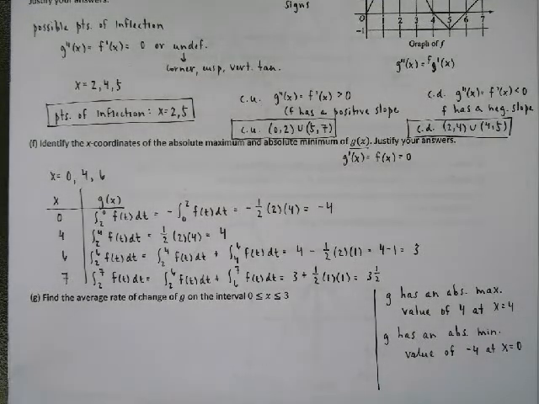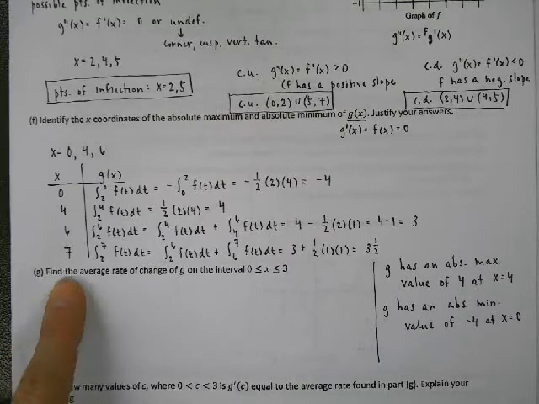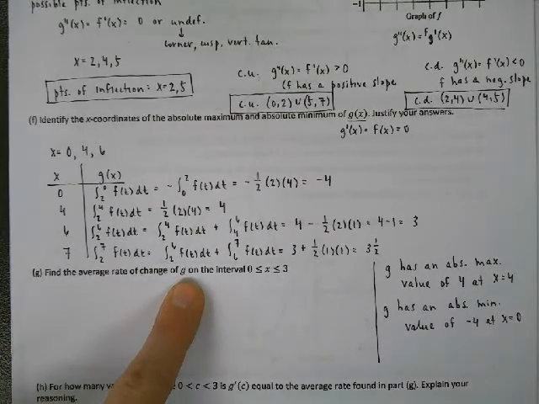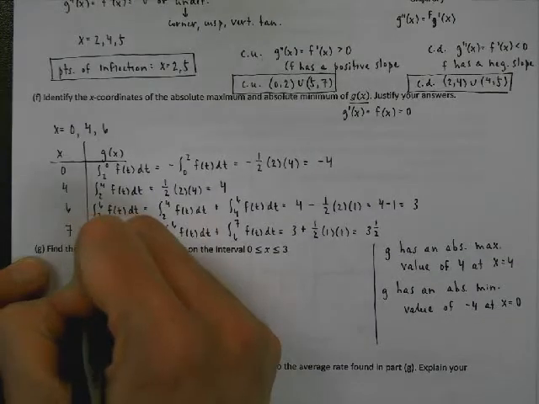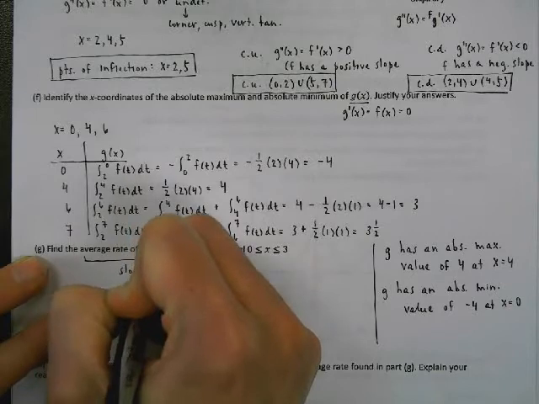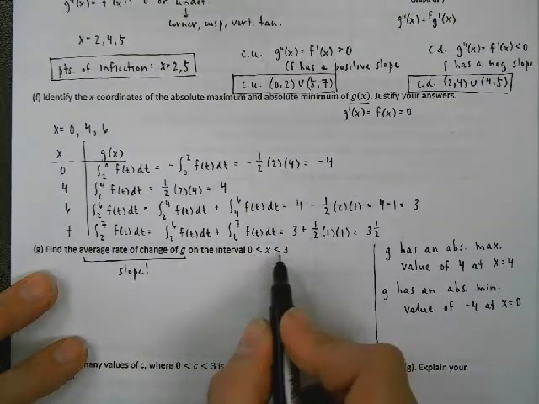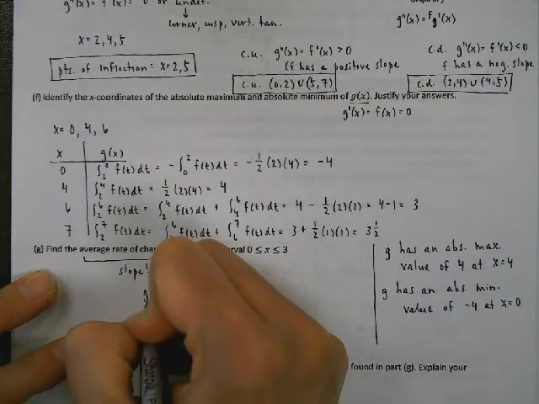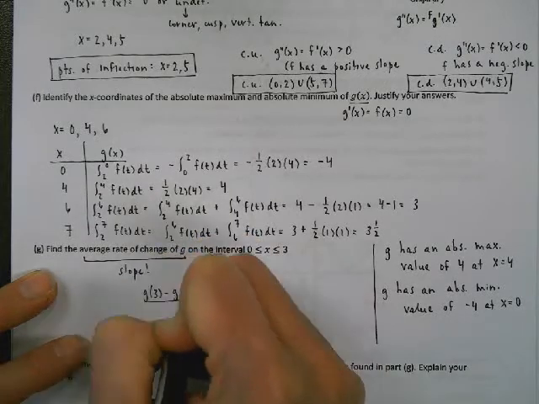So let's go ahead and take a look at part G. So average rate of change of G, right? When I see average rate of change, I'm just thinking slope, my regular old slope formula. So if I want on the interval from 0 to 3, this is going to be G of 3 minus G of 0 all over 3 minus 0.